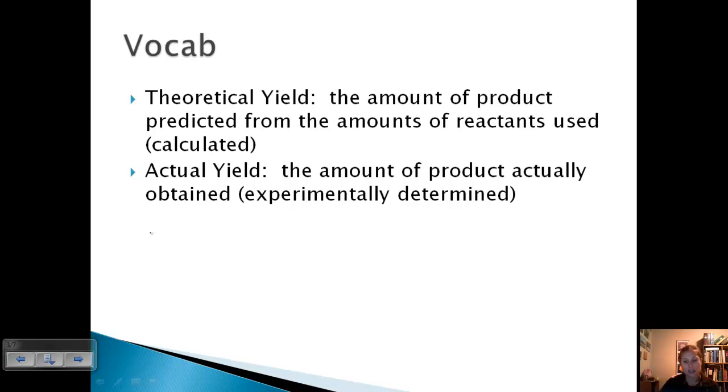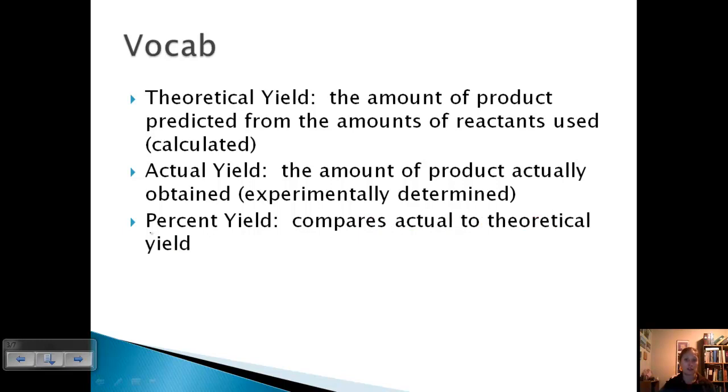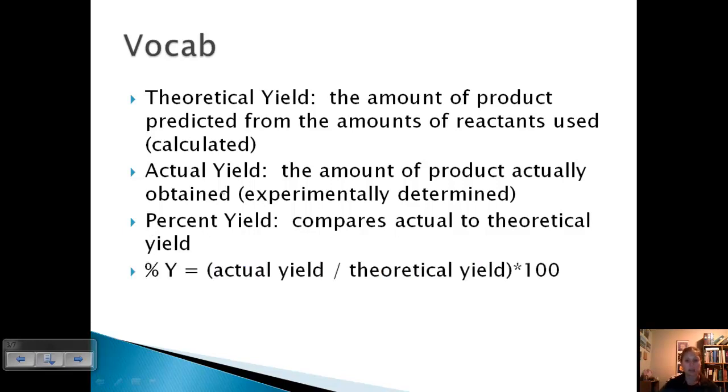If your percent yield's really high, it means your reaction was really efficient. Percent yield compares actual to theoretical yield. So the equation: percent yield equals actual yield over theoretical yield times 100. It's like your points divided by the total points times 100.